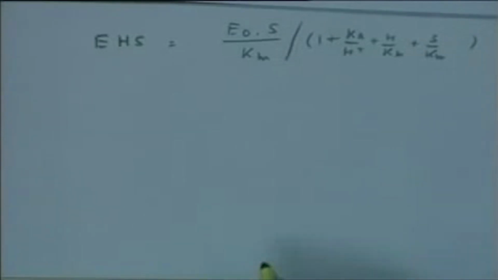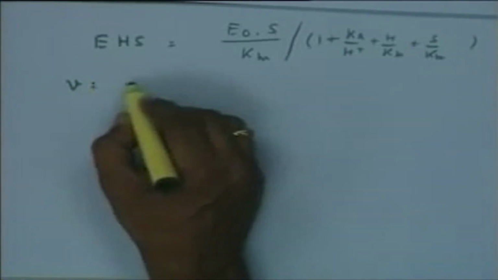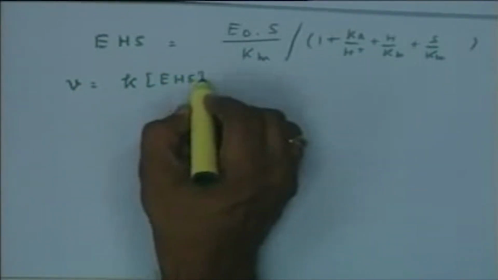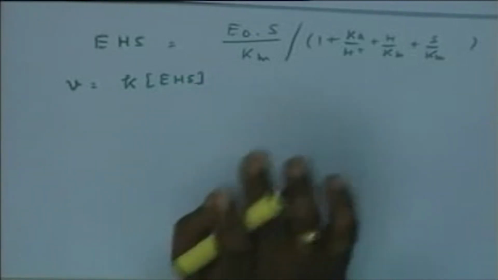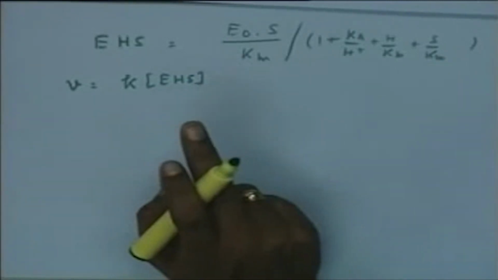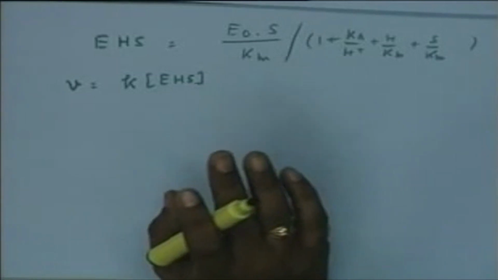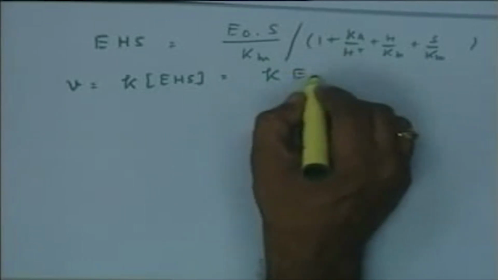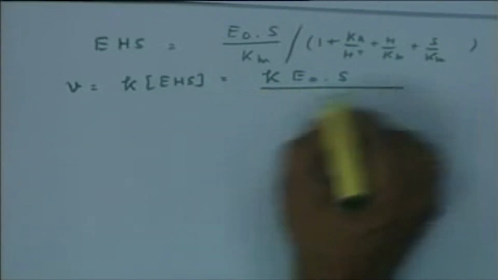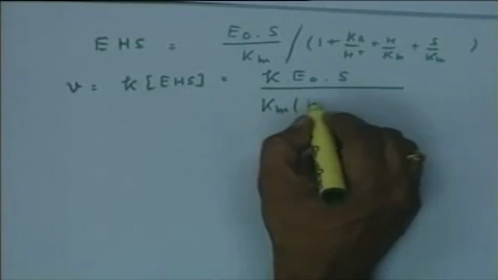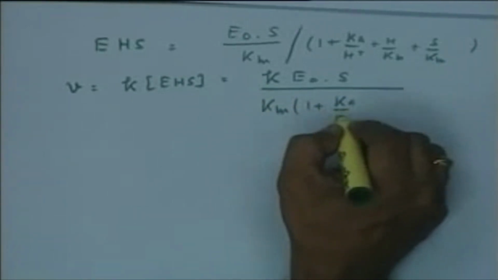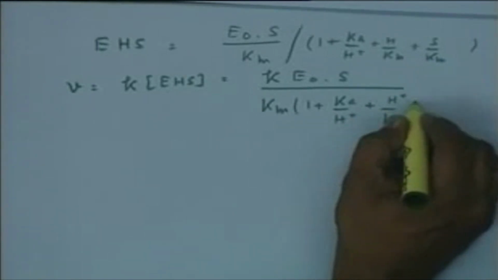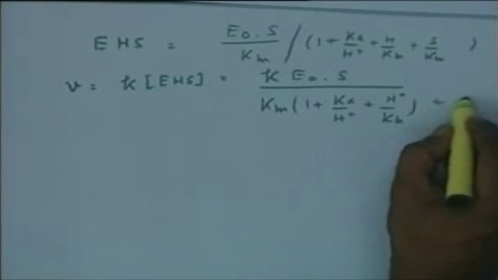Your reaction velocity will be equal to k into EHS, that is the concentration of your enzyme substrate complex, which is the doubly ionized enzyme complex, that is k into E naught into S upon Km, divided by 1 plus Ka upon H plus H upon Kb plus S upon Km.